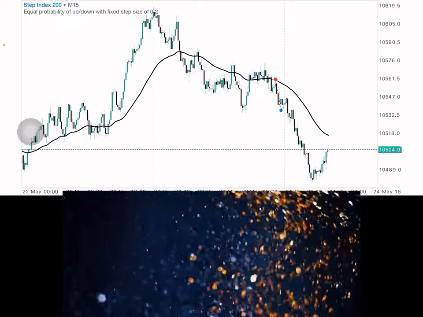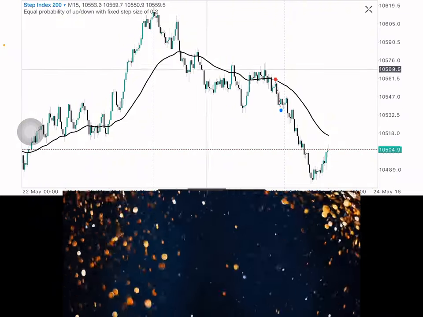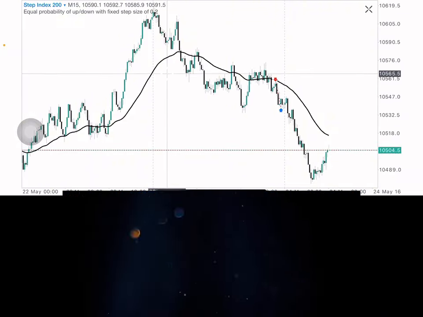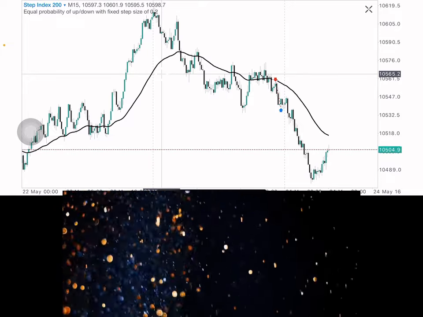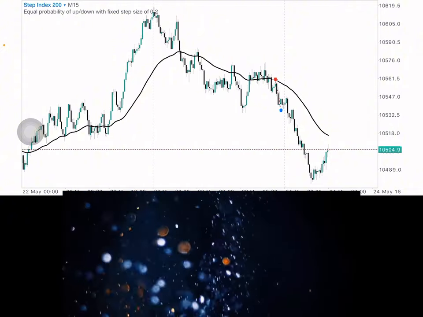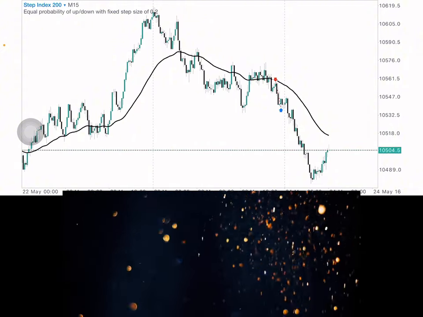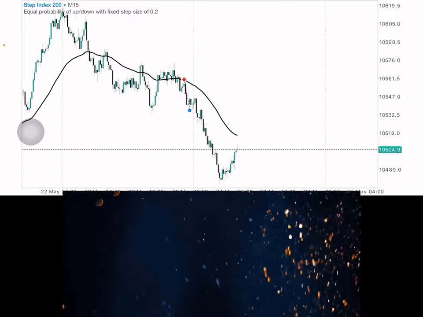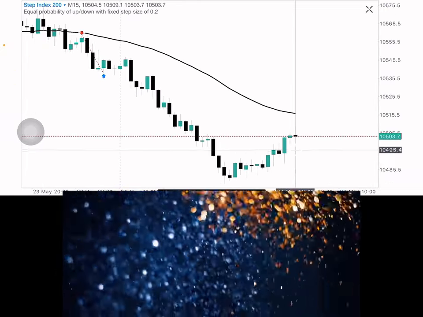Okay, so another thing you need to take note of is that 2 a.m. Nigerian time is 1 a.m. on the MT5, right? Because the MT5 is 1 hour behind our own time. For instance, if you look at this now, this is where price is currently on this very candle that is forming.